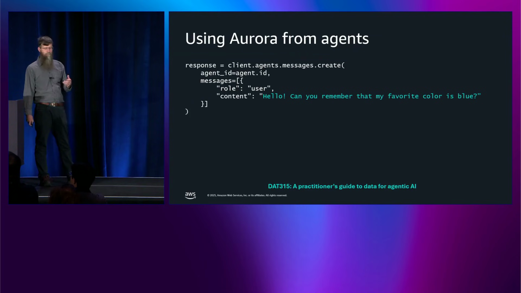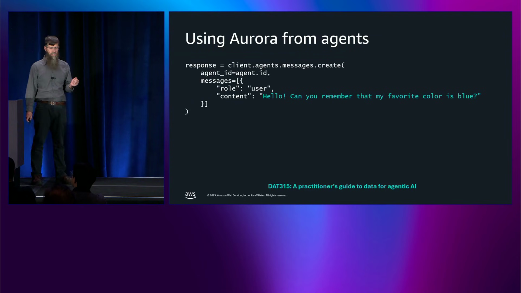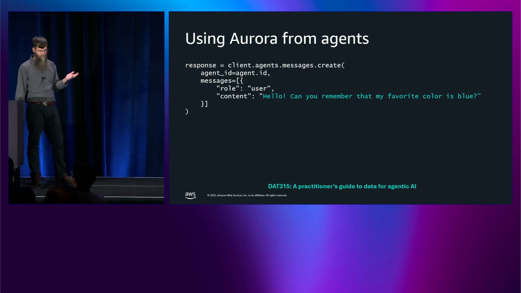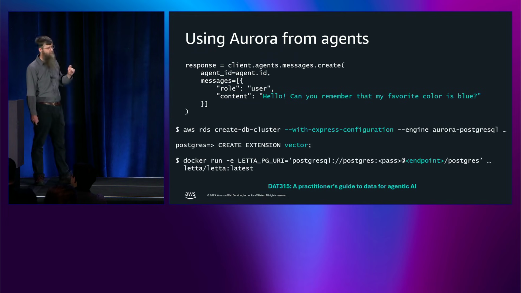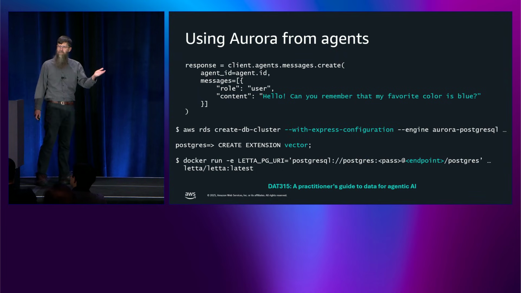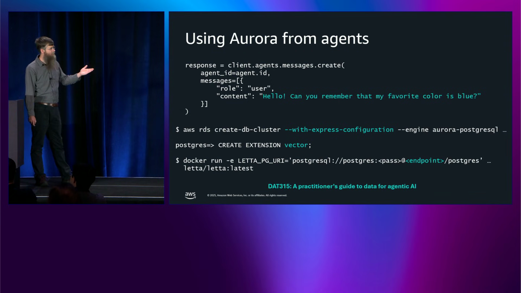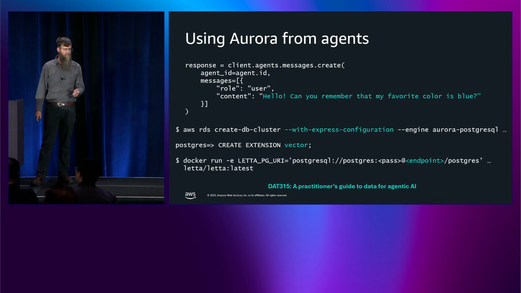So you can use any one of these open source frameworks. We partner with a bunch of people already, like Vercel or Letta. So here's an example of doing it with Letta. So it's only like 3 lines here, right? We've created a DB cluster with that express configuration we just talked about. Takes us a few seconds. Then we go in there, we enable the pgvector extension just because we want to do some vector embeddings for our LLM maybe.